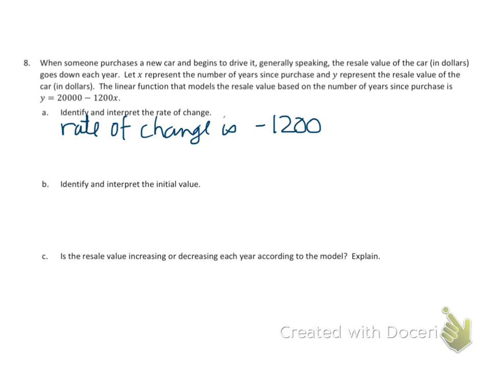Okay, but let's think about 1,200 what? What would that be? Y is the resale value of the car, so it's going to be in dollars. And then X is the number of years since purchase.